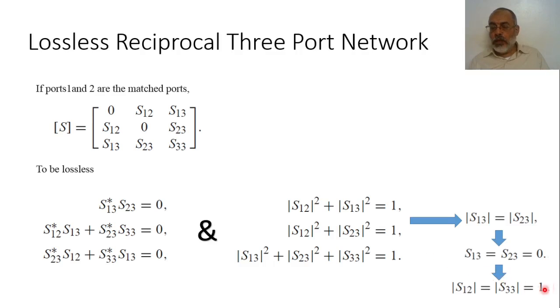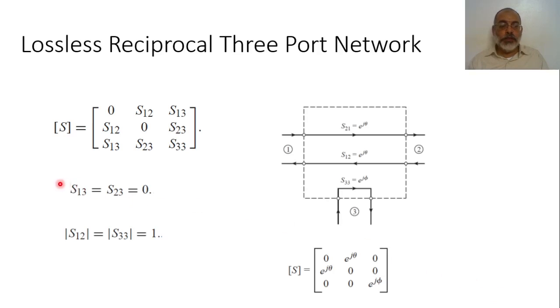Let us see how this can be implemented. We say that S13 equals S23 equals 0. So this 0, this 0, this 0, and this is 0. And S12, S21 equal unity. S33 equals unity. So this one and this one.